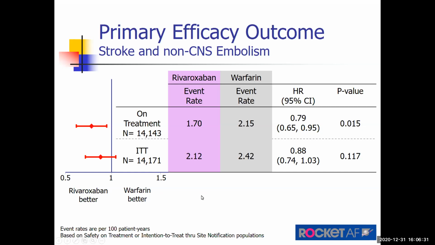So you can look at this from the intention to treat analysis or from the per protocol analysis, but the per protocol analysis, by and large, could be subjective. So from a drug approval point of view, we should pay attention to intention to treat.